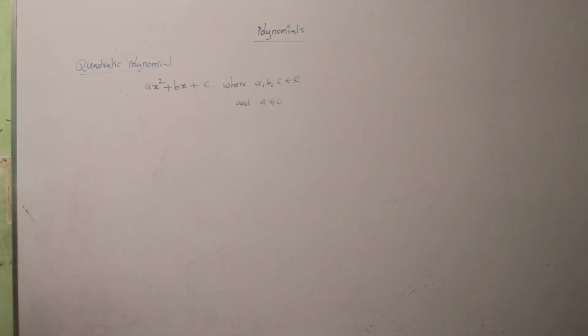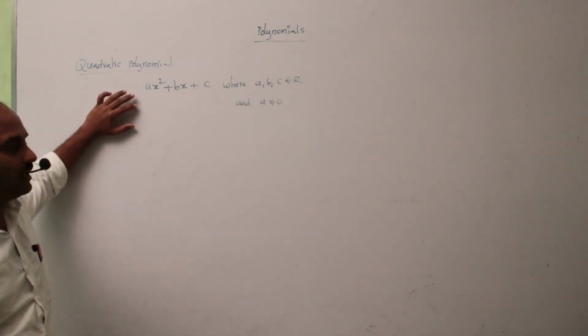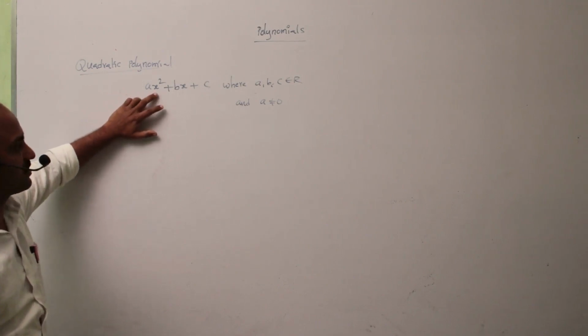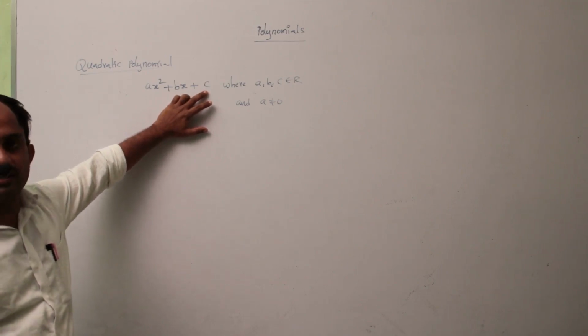a, b, c belong to R and a is not equal to 0. So in this one we know very clearly a is the coefficient of x square, b is the coefficient of x, c is the constant term.